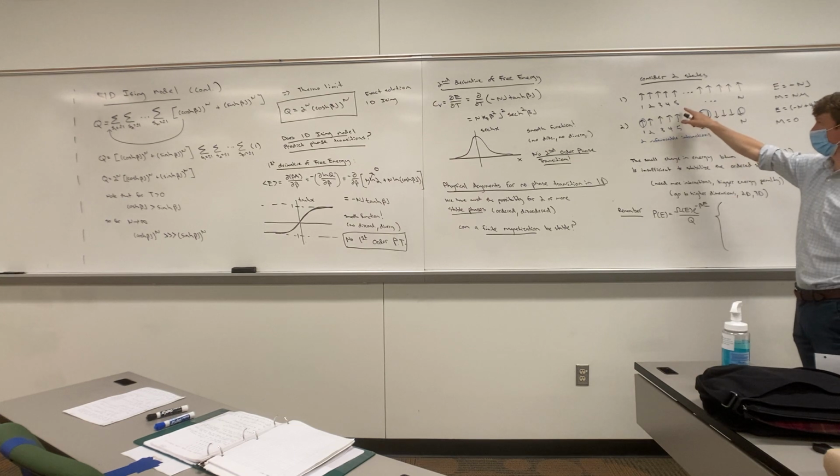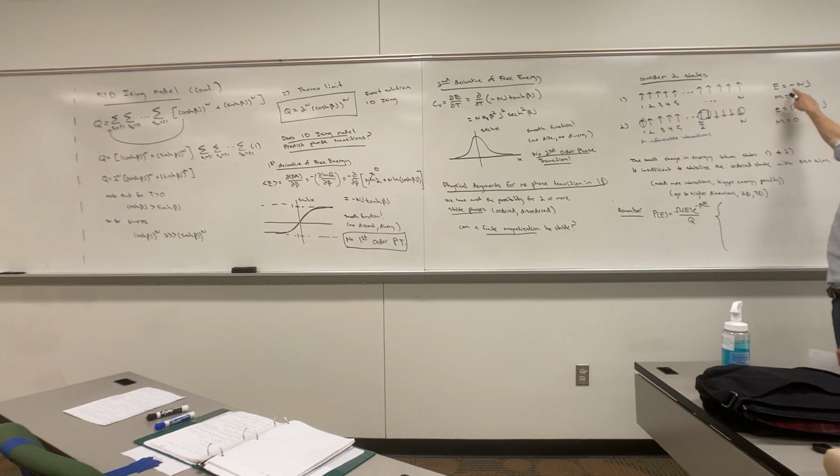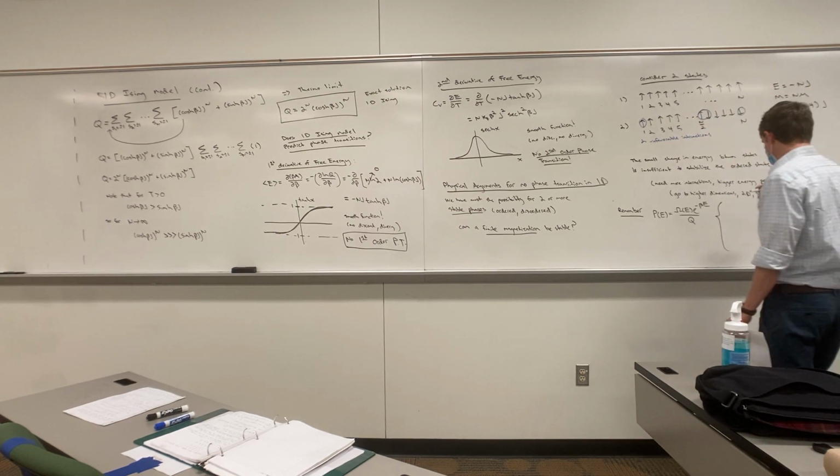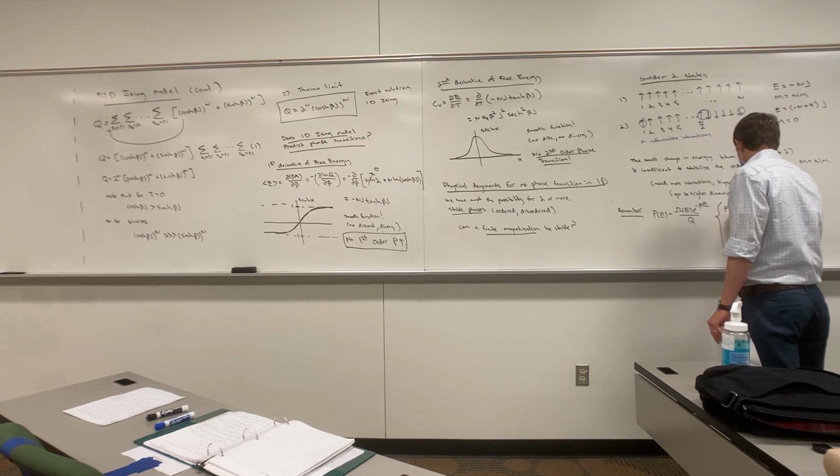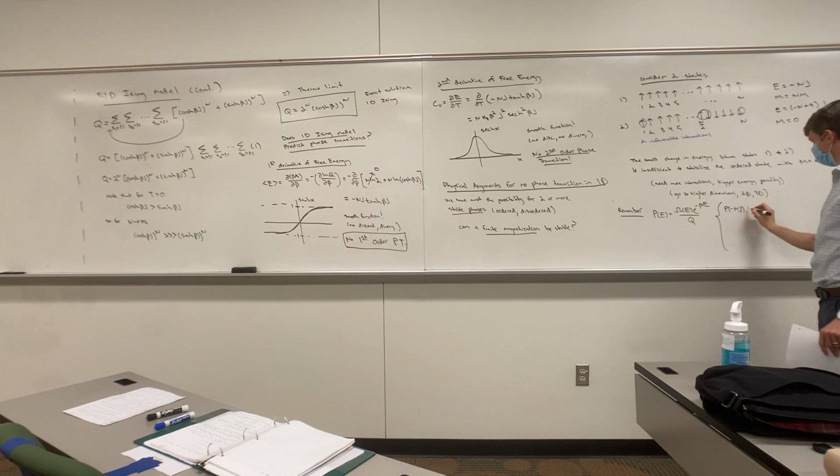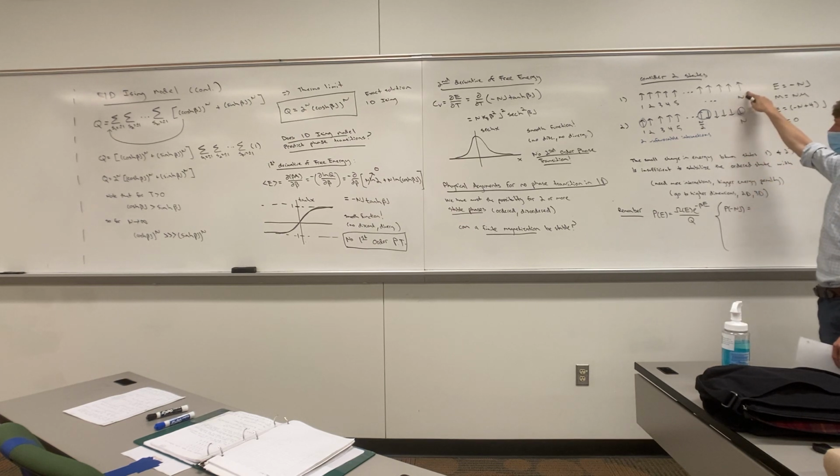So if we write it down for this, the energy is minus nJ, right? So the probability of minus nJ. What's the degeneracy for this state? One.